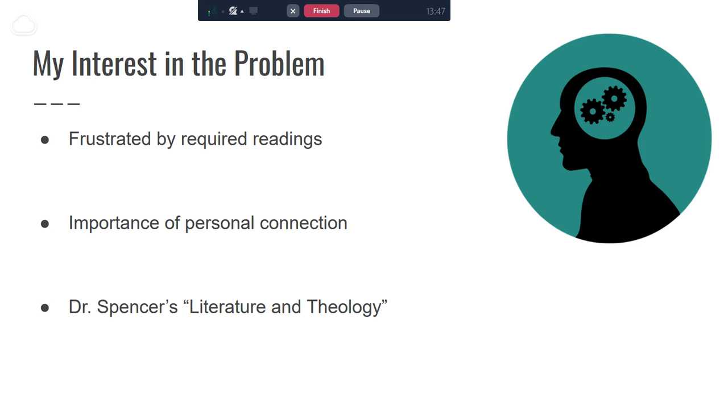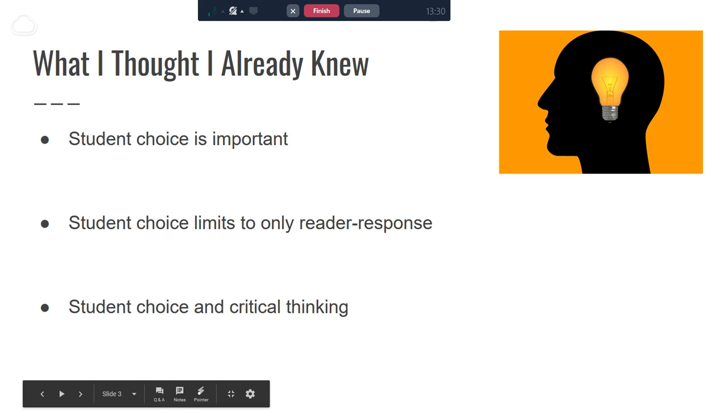So by the time we had to read the 3rd book, we had to choose that one on our own, and we got to practice what Dr. Spencer had been modeling for us. So I noticed that kind of modeling and then letting us try type of teaching method in his class.